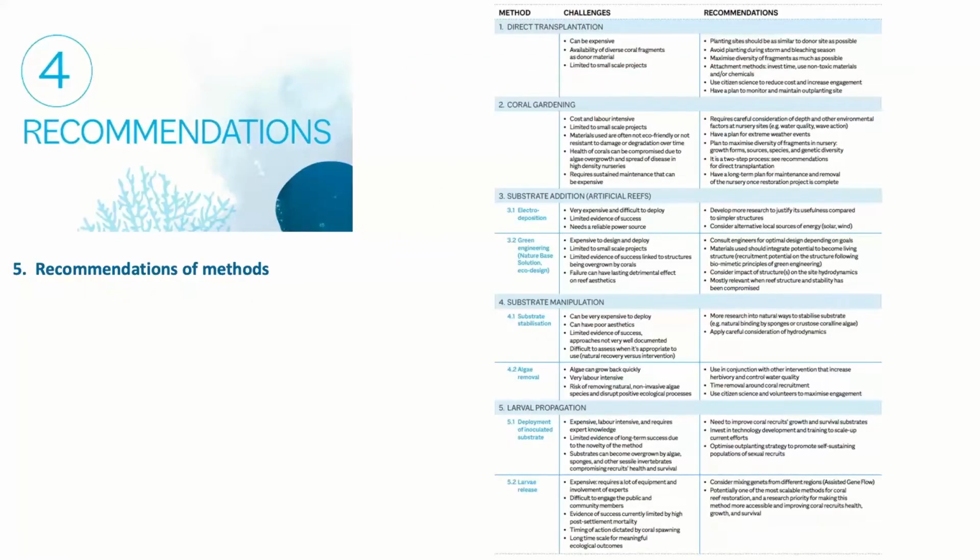We then have recommendations that are specific to methods. So here again, we have the 5 main categories of currently applied methods that Ian presented earlier, and another table, this time presenting key challenges and key recommendations for each of the current methods.